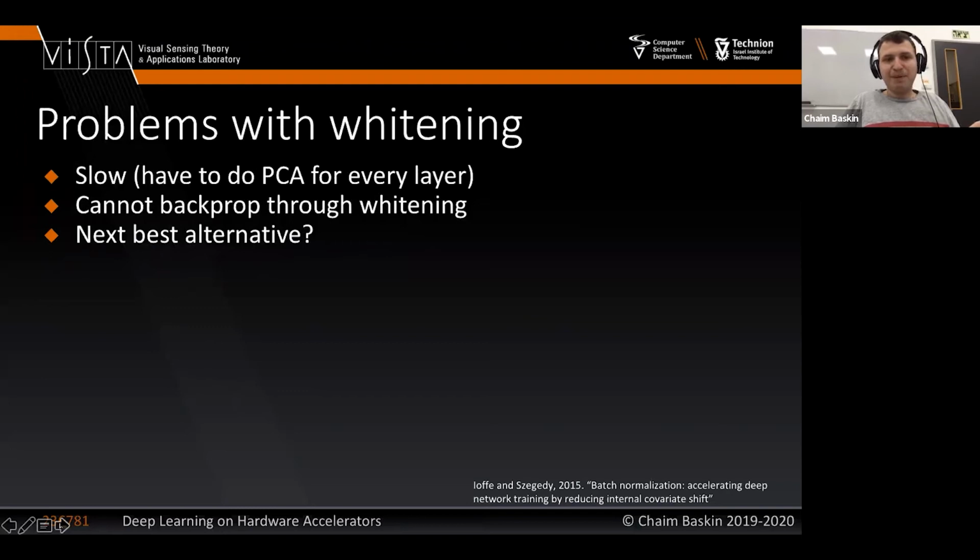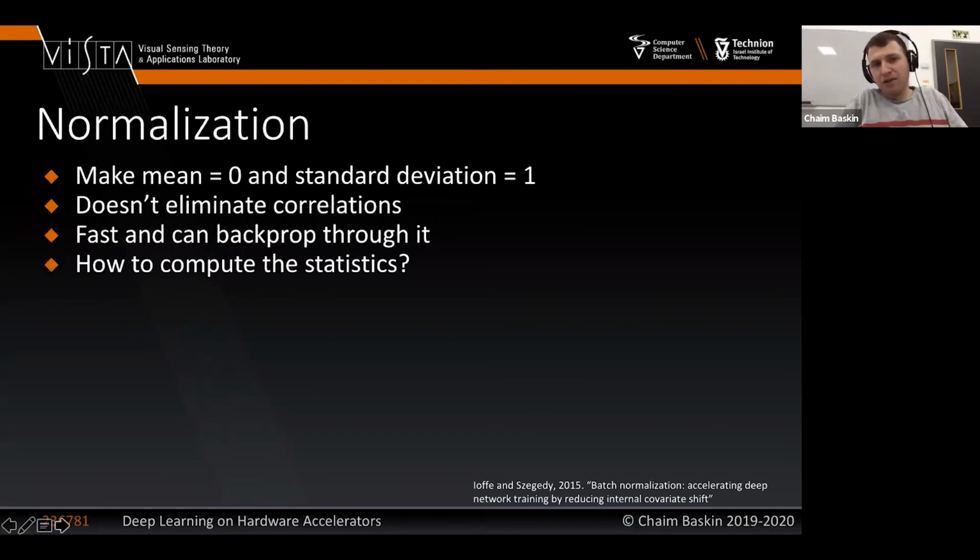So the next best alternative is to normalize. What does it mean to normalize? Make mean 0, standard deviation 1. In this case we are not eliminating correlation between the data, but we are normalizing our data to the same distribution. It's fast and we can backprop through it, because it's very easy to backprop through a normal distribution, but we need to compute our statistics.